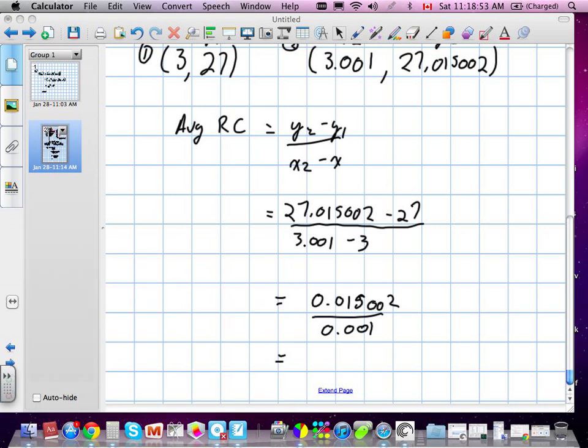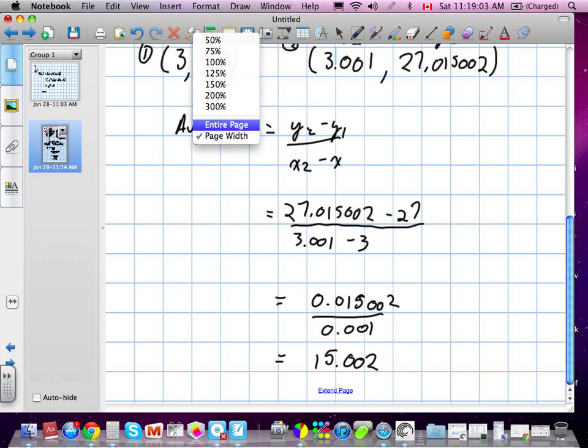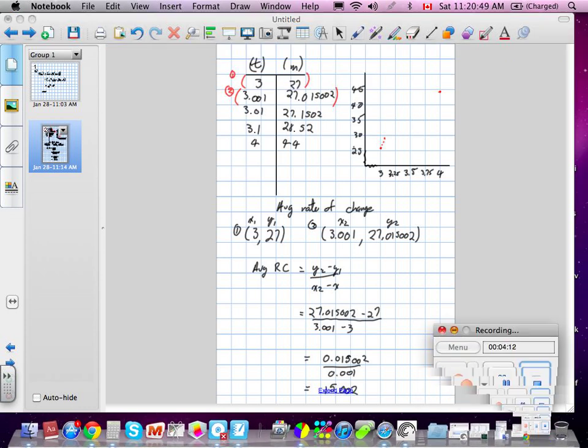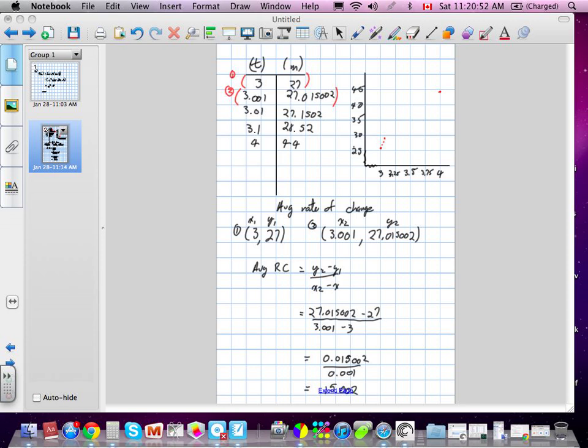This is technically an average rate of change, but because the interval is so small, they're considering it an instantaneous rate. So this was an average rate of change, and that's not exactly what they're going for.